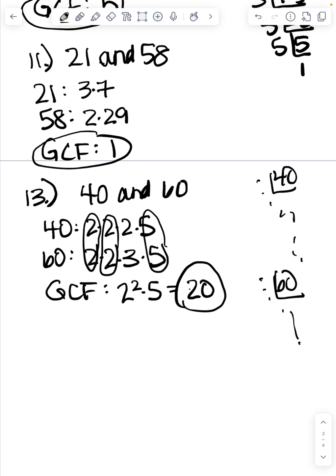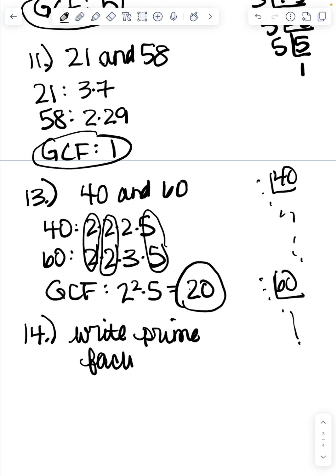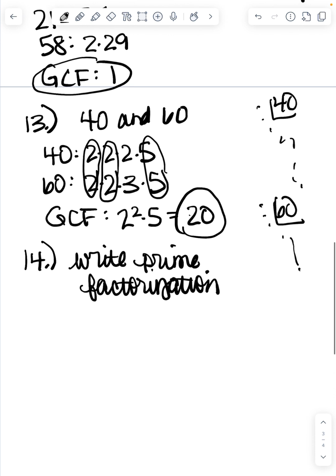What's next here? My list. Number 14, explain the process of finding the GCF. So the first thing you do is write the prime factorization. You can find the prime factorization by either doing the ladders or the trees.